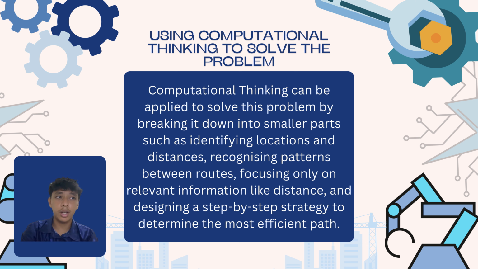Pattern recognition allows us to identify useful relationships or trends. Abstraction helps us to focus only on the main or relevant information while ignoring unnecessary details. Finally, algorithm design provides a step-by-step method to solve the problem. By using computational thinking, we are able to approach the problem in a more organized and efficient way.